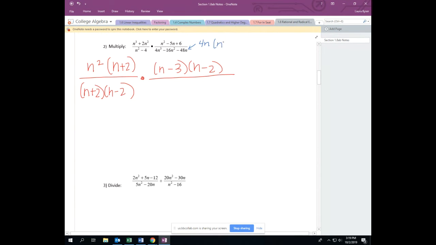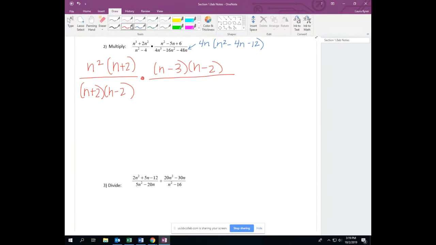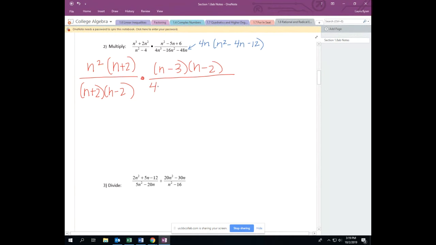It leaves me with n squared minus 4n minus 12. And now this is going to factor further. So I have a 4n in the front. And then this guy factors even further into n minus 6, n plus 2. Some of these look like h's. All of those are n's. It's just this pen. I'm not real good at drawing with this pen, but I'm trying.